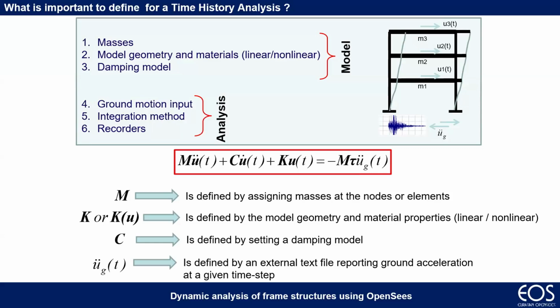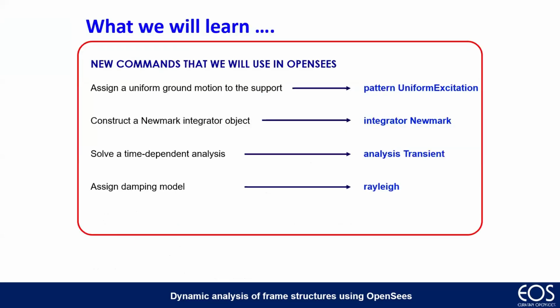These are the ingredients of the recipe, that is the damping, okay, to define these other matrices here. From the analysis point of view, I need a ground motion, this term here, okay, and then recorders and a way to integrate this function here, okay? We can do it with a bunch of functions that I'm going to show you in a moment, in OpenSees.